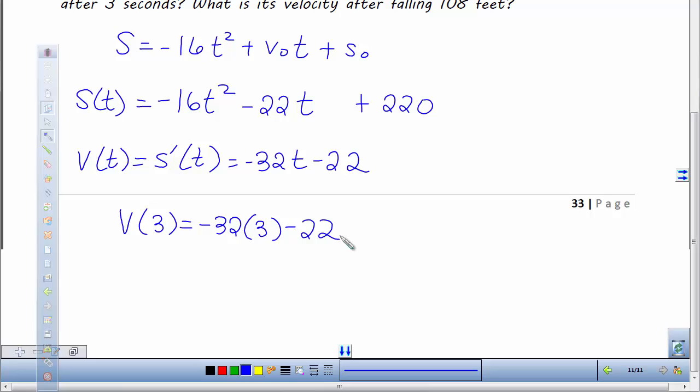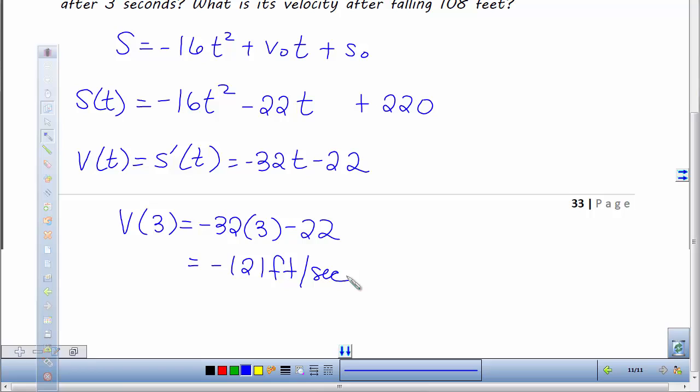All right, I get negative 121. And we should use units if we know them. Negative 121 what? Position was measured in feet, and the time is seconds.